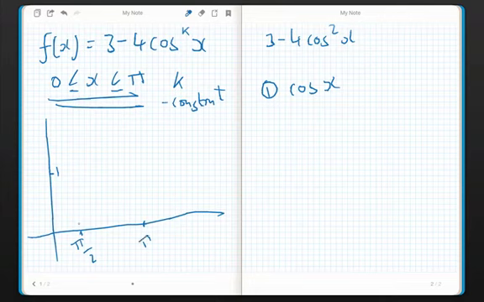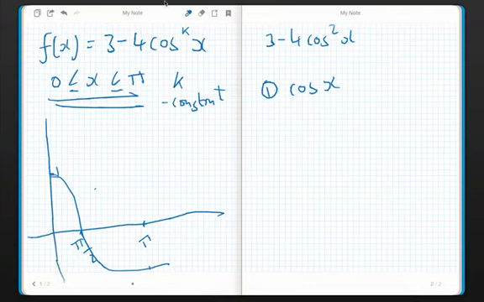So if we were to graph this, then we would get something like this. The maxima is at 1, but the minima is at pi, because cos of 180 or pi is equal to minus 1, and minus 1 is below here.